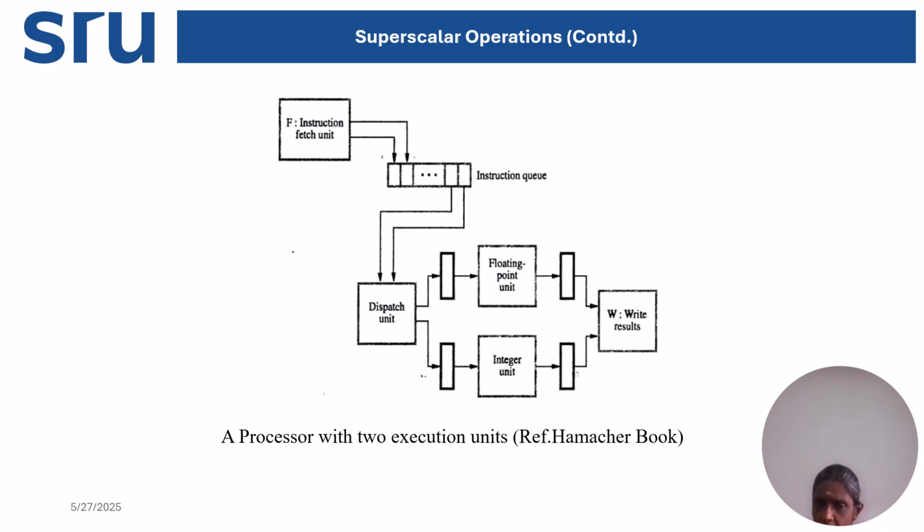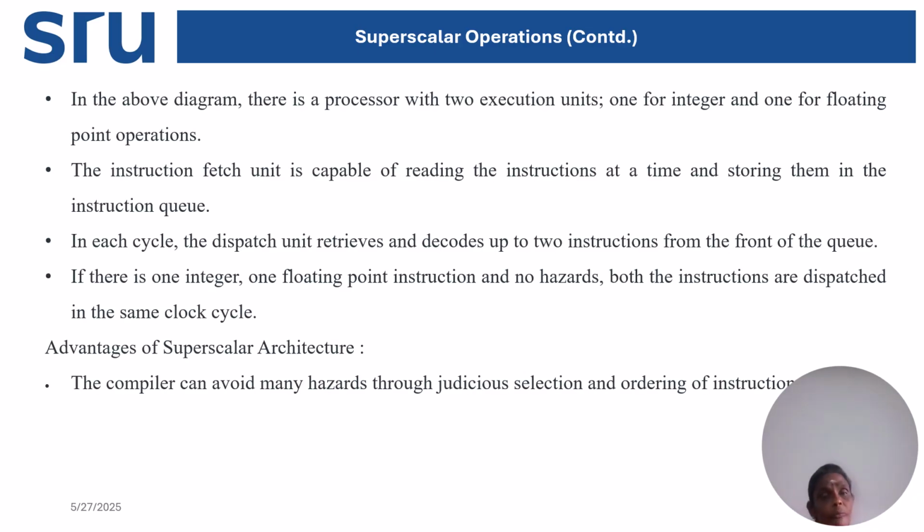The floating point unit output and the integer unit output are supplied separately to write the results. So this is a processor with two execution units, two processing elements: one for integer operation and another for floating point operation.